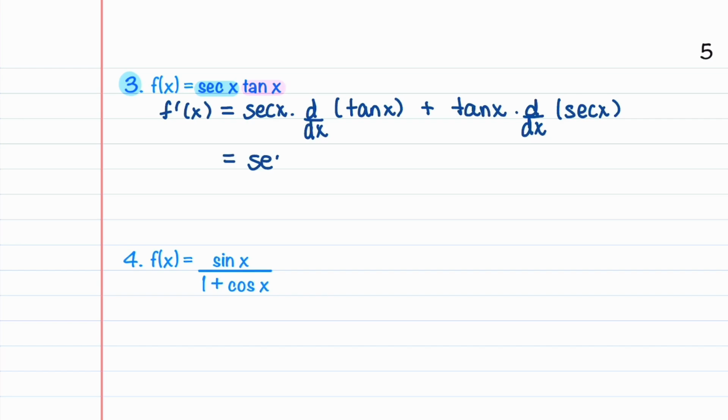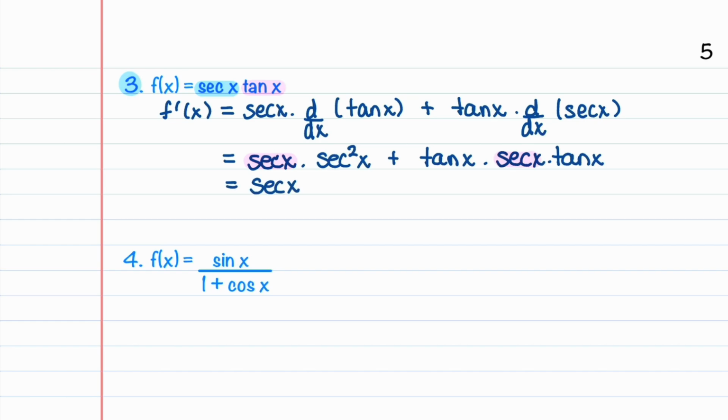This now gives us secant x times the derivative of tangent, which is secant squared x, plus tangent x times the derivative of secant x, which is secant x tangent x. Now let's see what we have in common. Looks like we have a secant x common to both terms, so we are going to bring that out. So this is secant x, and we're left with secant squared x plus tangent squared x. And that's our final answer.